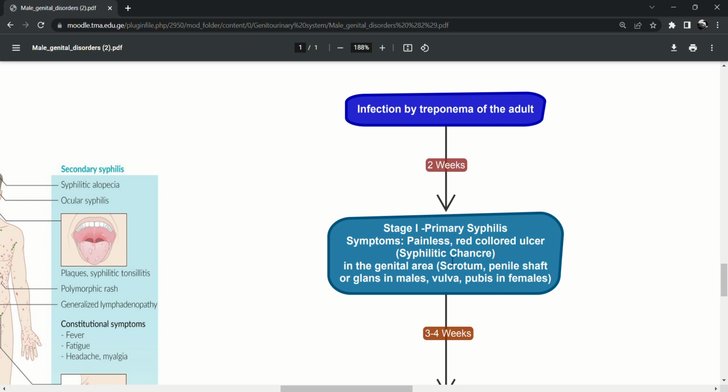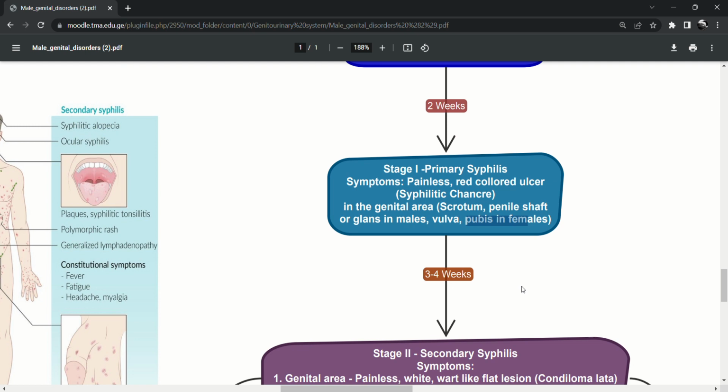Patients affected with syphilis have these ulcers in the genital area: scrotum, penile shaft, glans penis. It can be on the vulva in case of females, and also the pubis.